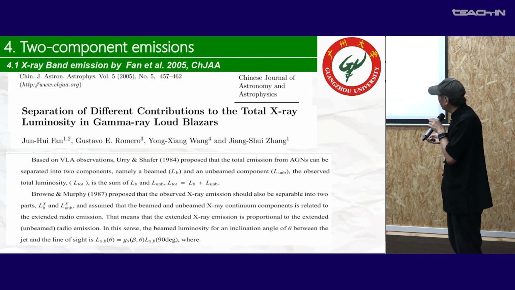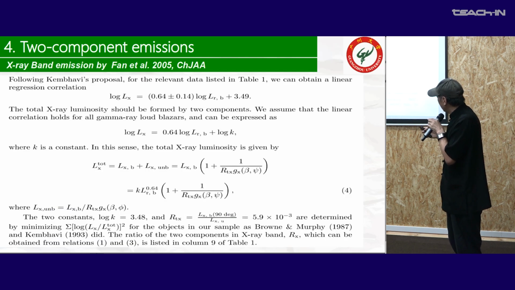How to do that? We can consider the X-ray luminosity and the radio band core emission. We can do the correlation, and for the X-ray band, we can assume that it should be the same, and we can add this one.